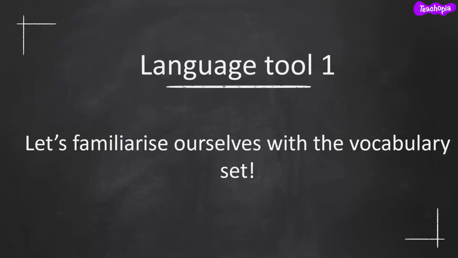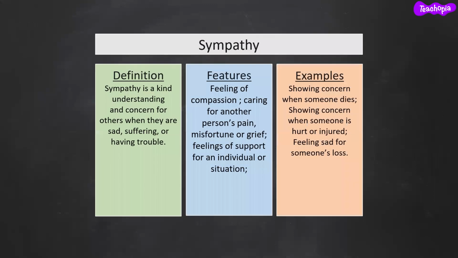Now let's look at language tool 1 related to this poem. Here, as you can see, there is the definition of sympathy, features of sympathy, and examples of sympathy. So I will quickly read through this so that we get familiarized. Sympathy is a kind understanding and concern for others when they are sad, suffering, or having trouble.